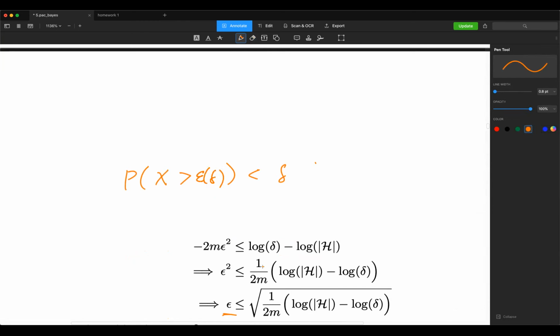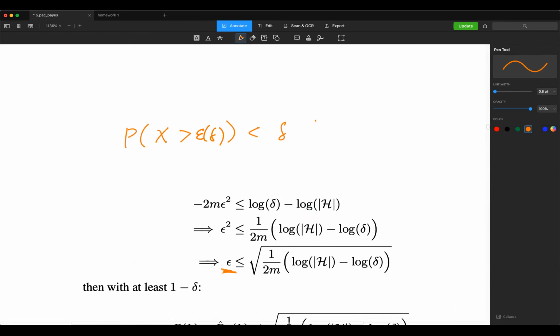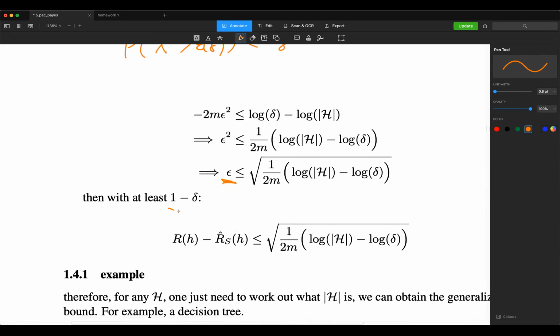Here's an example of how we make epsilon in terms of delta. Now epsilon is a function of delta; we need to get rid of epsilon and write it out as a function of delta. The reason for doing that is we can say that with at least 1 minus delta probability, this guy is going to be bounded by that. You can see delta is in here, but epsilon is gone. Okay.